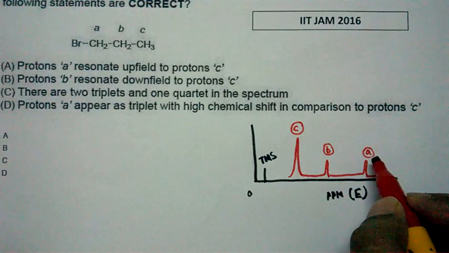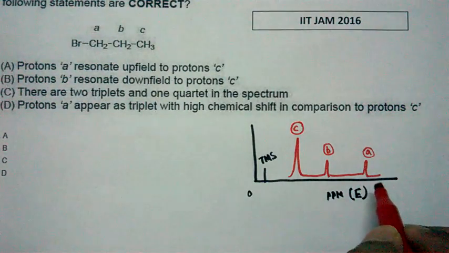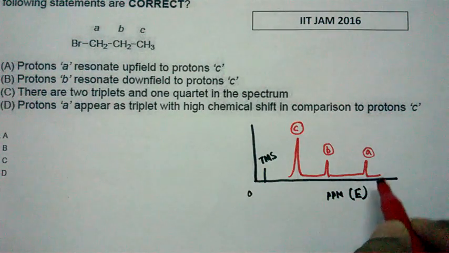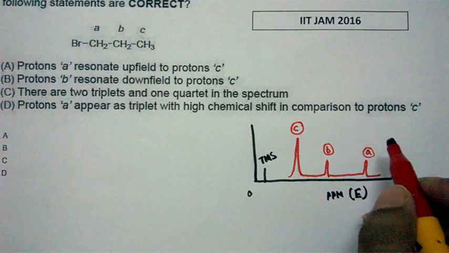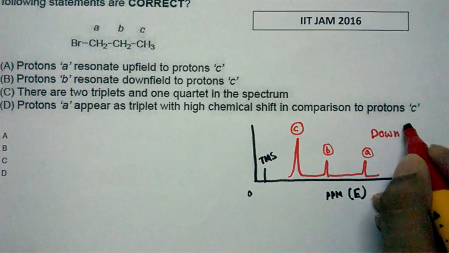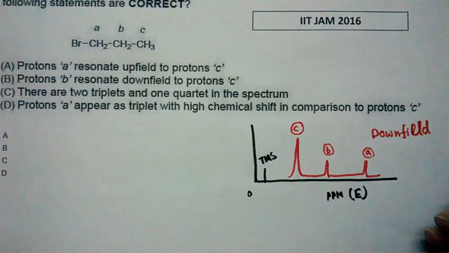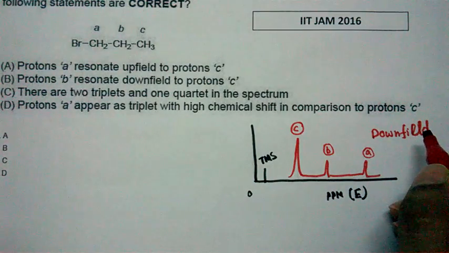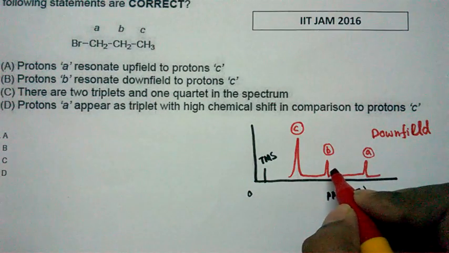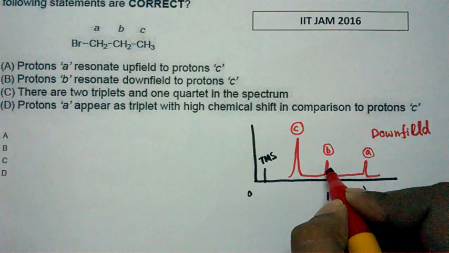Any peak that is quite far away from 0, which possesses high energy, is termed downfield. So this is the most downfield peak with respect to B. With respect to B, A is downfield. Again, with respect to C, B is downfield.